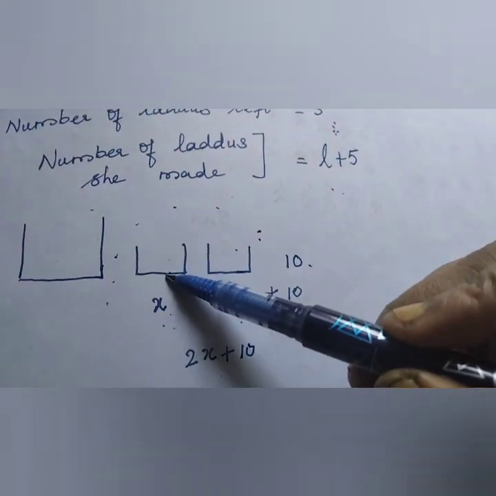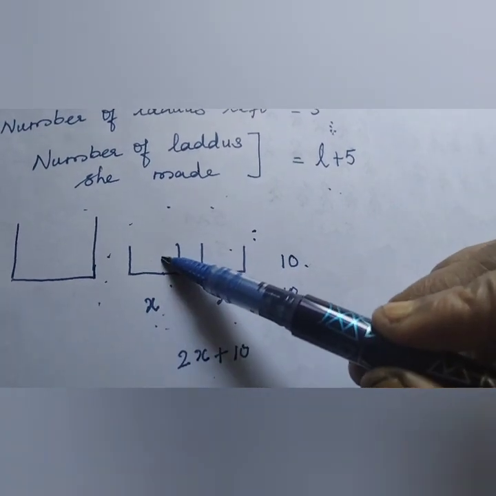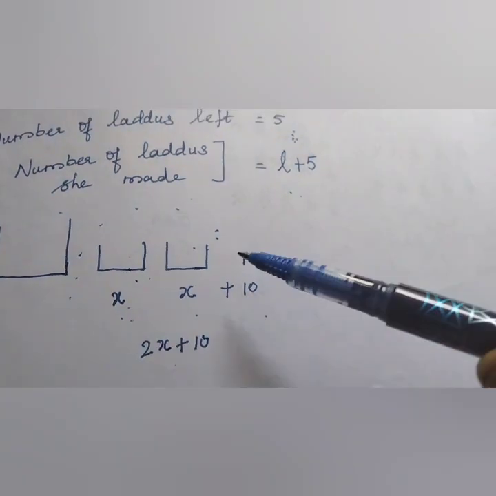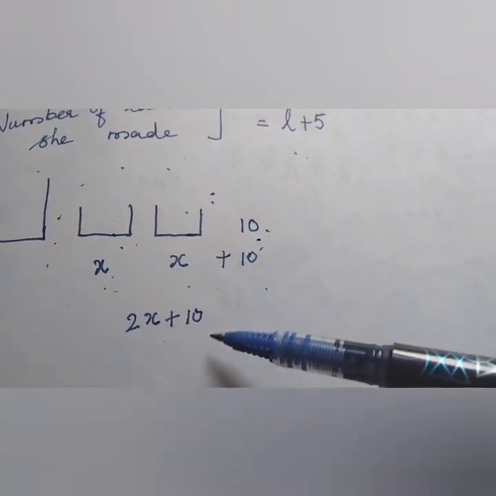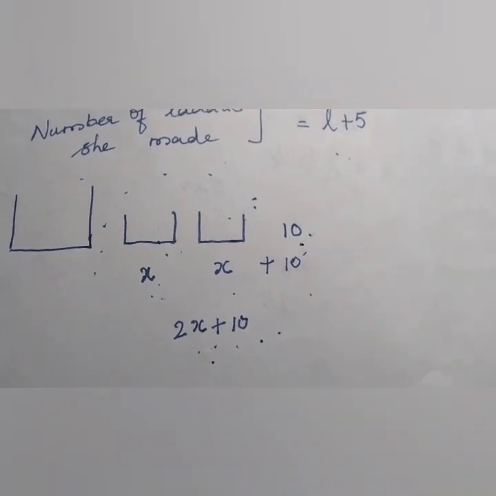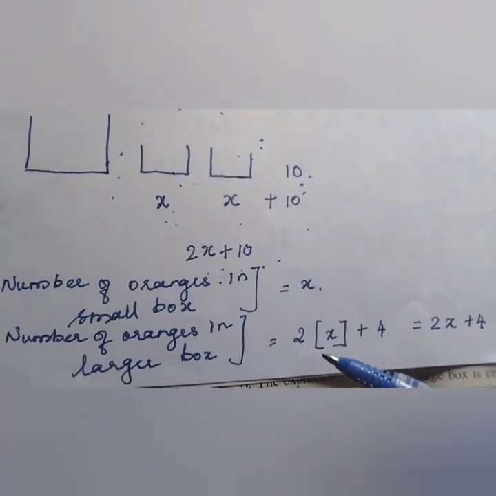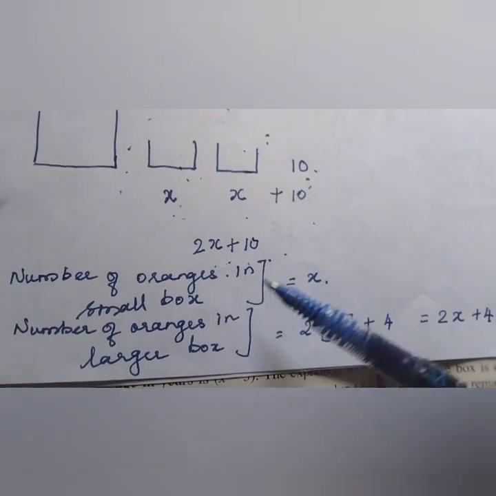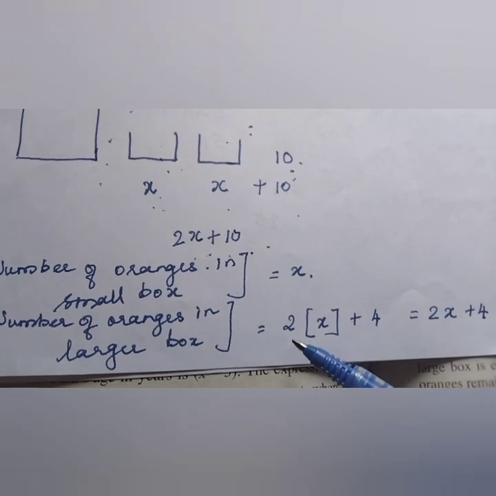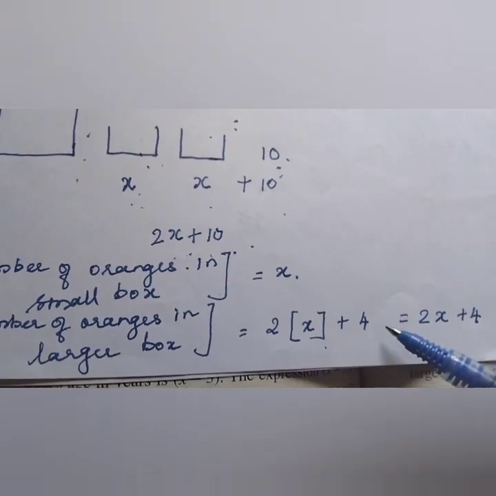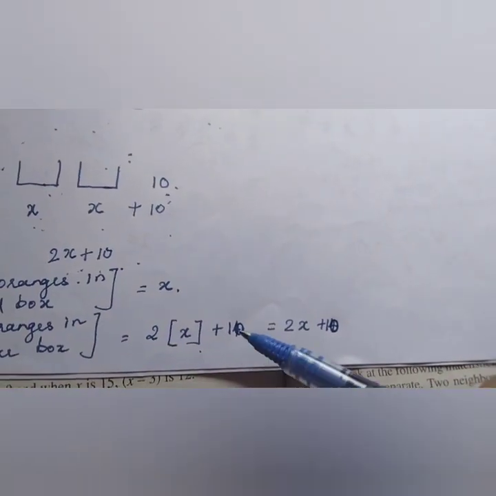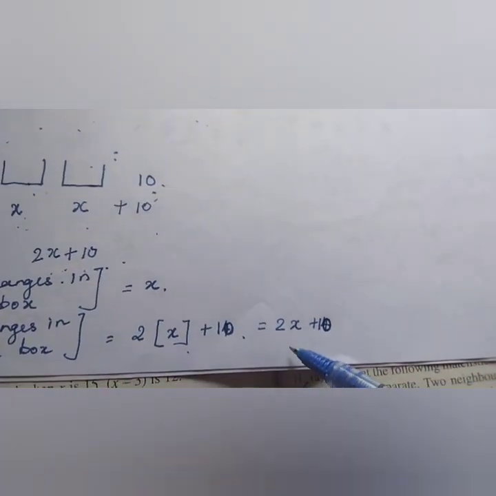The number of oranges in the large box is 2x plus 10.